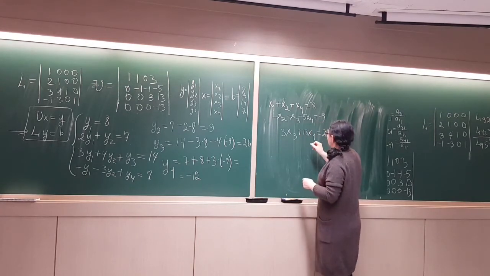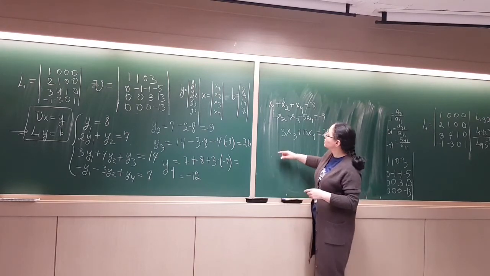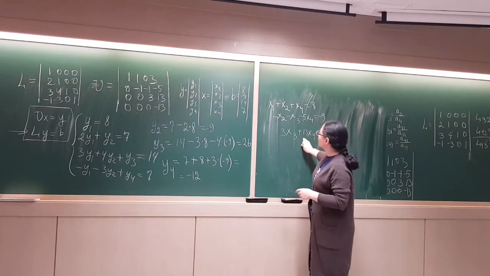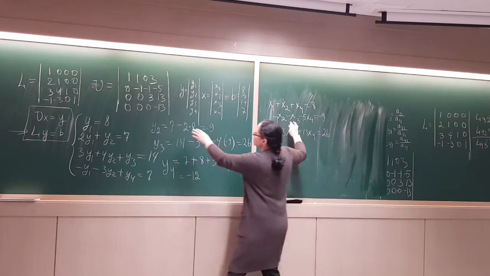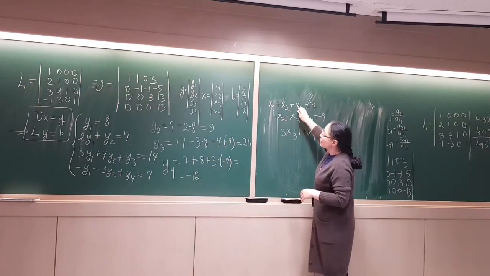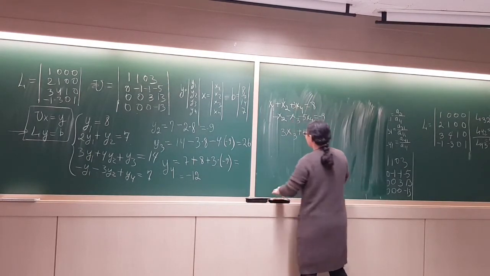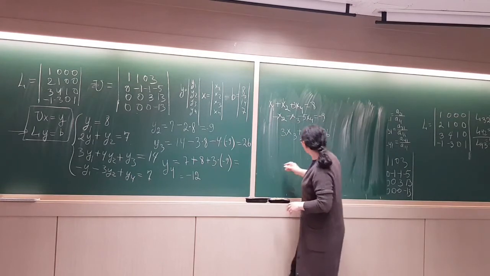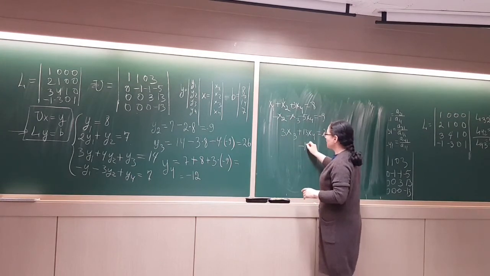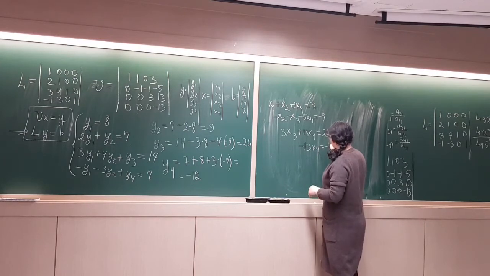I think first line will be 3x4. Huh? First line will be 3x4. First line, 3x4 here. Okay, thank you. And the last is minus 30 x4 is minus 12.